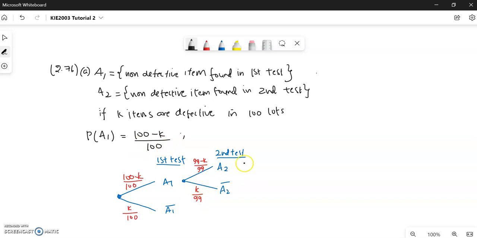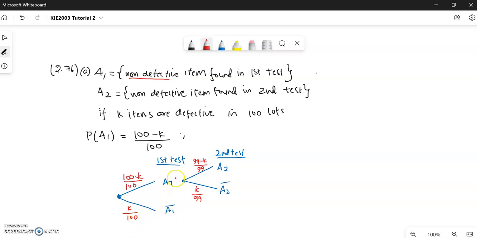So if I draw a tree diagram, because it's a sequential experiment, you perform the first test and then the second test. This is what it looks like. A1 is a non-defective item found, so the probability of A1 is (100 minus K) over 100 as before, and A1 bar is the event where a defective item is found, so we have K defective over 100, right?